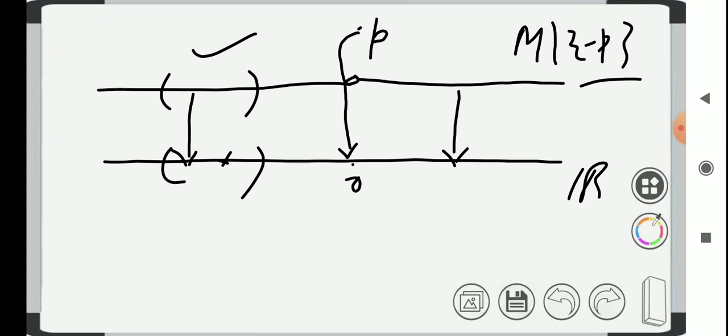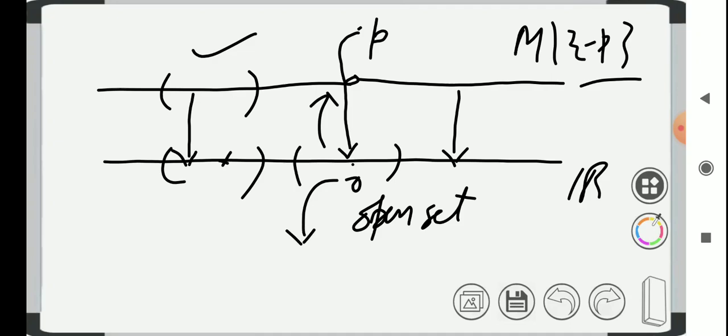Now if we have a neighborhood around 0 which is an open set, its inverse image will look like this. Let the interval be minus a to a.